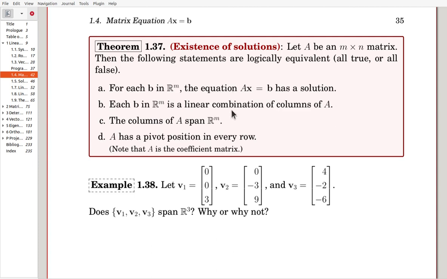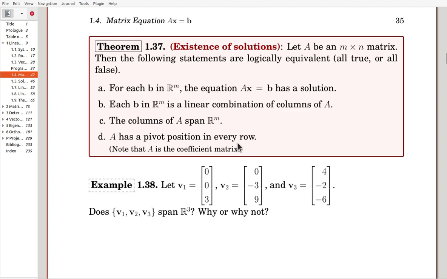Also, the columns of A span Rm, because a linear combination of the columns of A makes every B in Rm. That means the columns of A span Rm. Right? And the final one is A has a pivot position in every row.